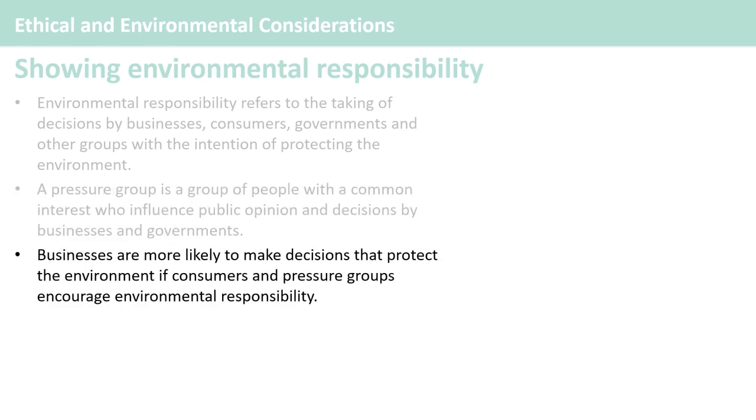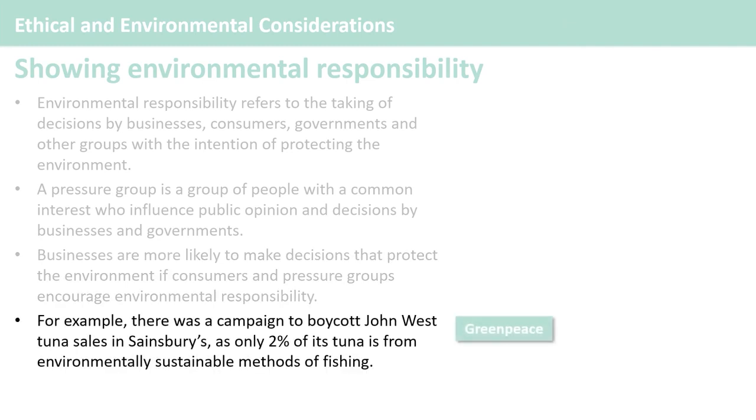Businesses are more likely to make decisions that protect the environment if consumers and pressure groups encourage environmental responsibility. For example, there was a campaign to boycott John West tuna sales in Sainsbury's, as only 2% of its tuna is from environmentally sustainable methods of fishing.